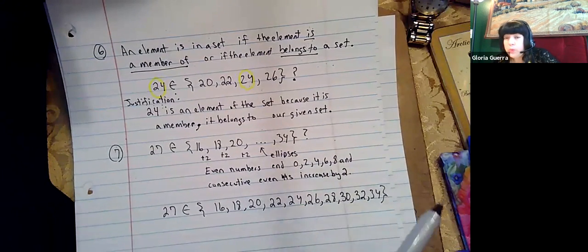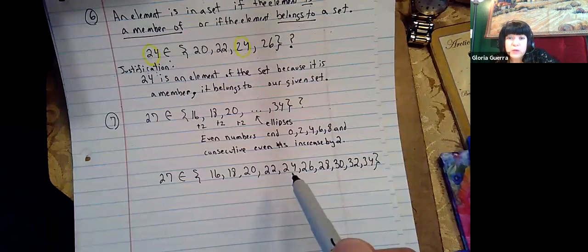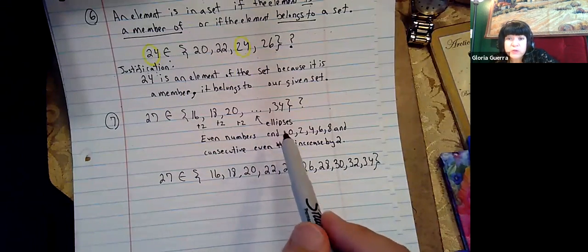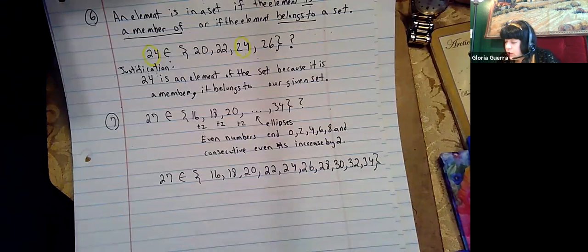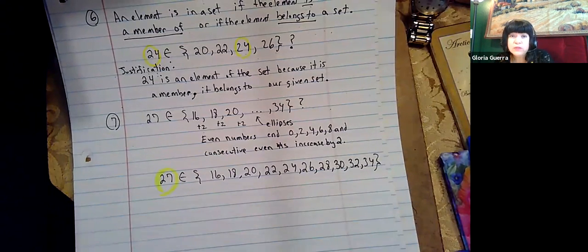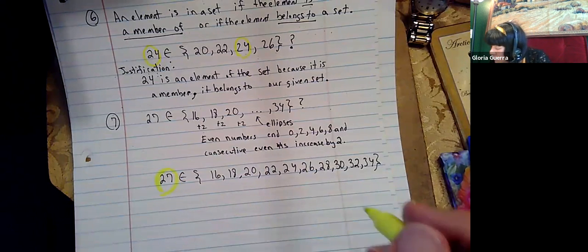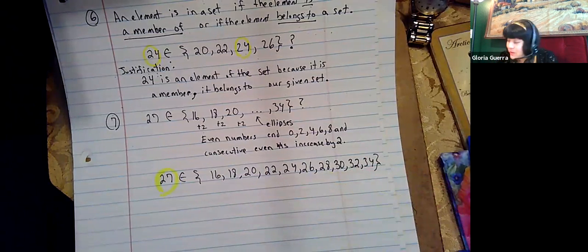That would be part of you showing your work on the test, right? You know these 3 dots mean there's other numbers in the set, and these are the numbers in the set. And then you go back and say, okay, is 27 a member of this set? Does 27 belong to this set? No, it's not, because 27 is not even.